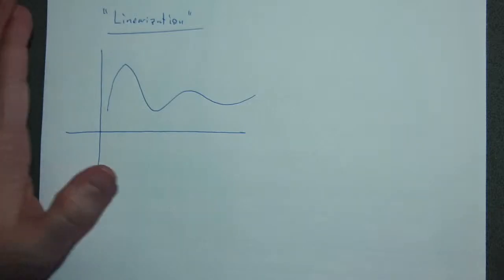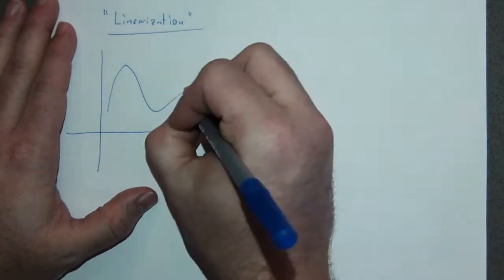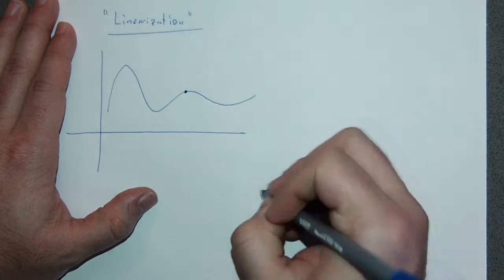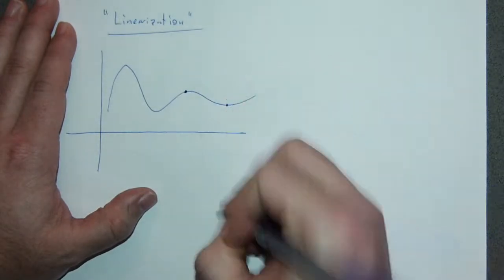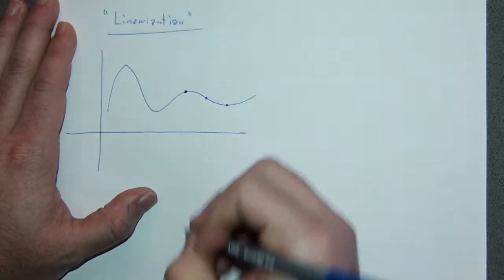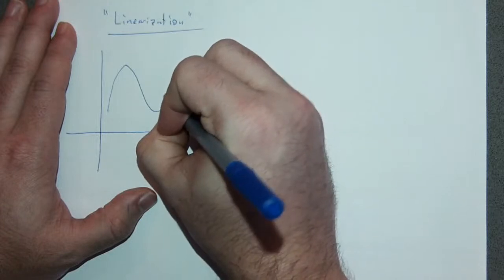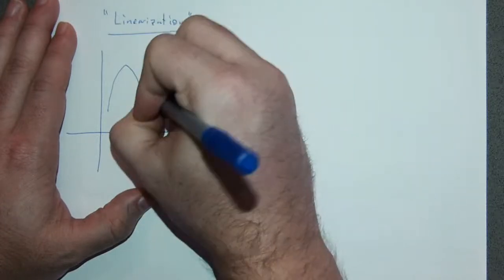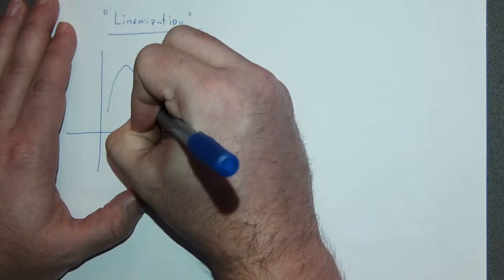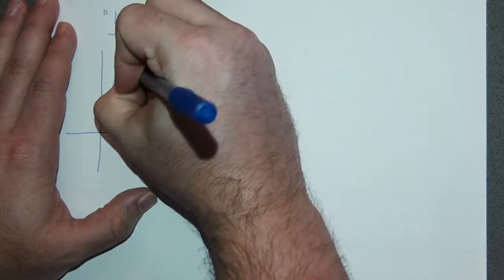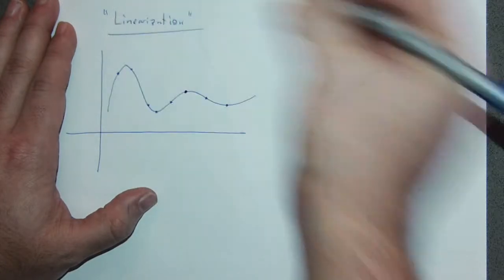The idea is that when I draw some points on this thing, let's draw a few points. So maybe here's a point and here's a point.